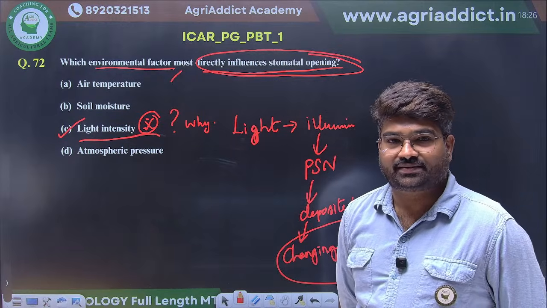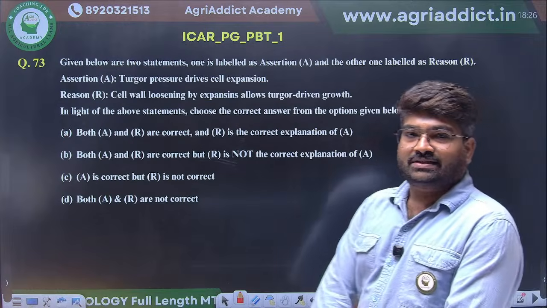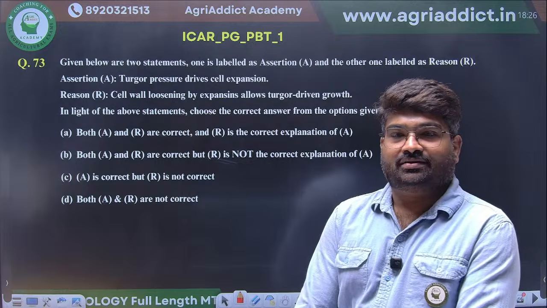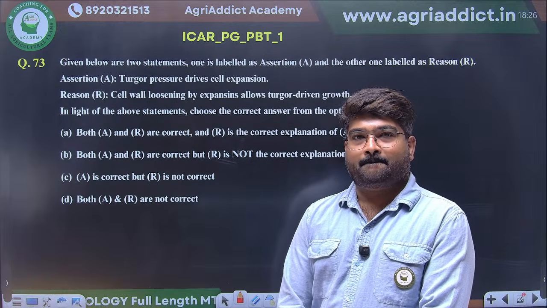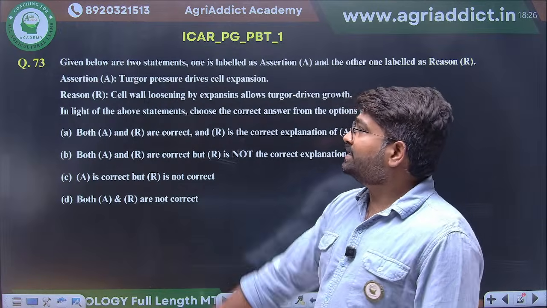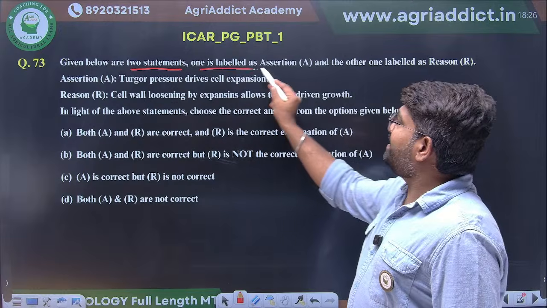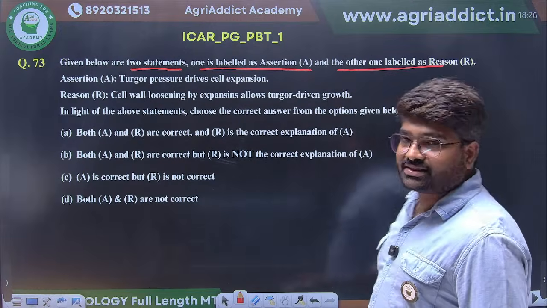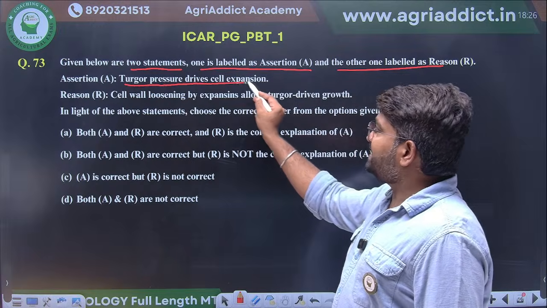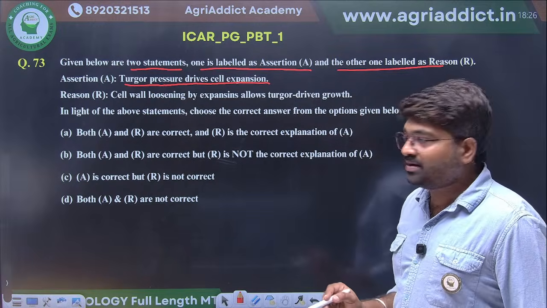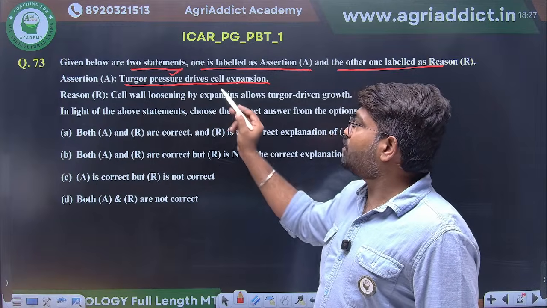Okay, students. Next question I am proceeding. Given below are two statements. One is labeled as assertion and another is labeled as reason. Turgor pressure drives cell expansion. In the previous concept itself we saw turgor pressure plays a major role for cell expansion.